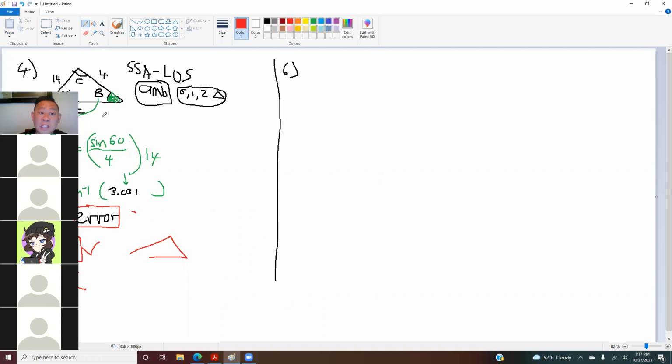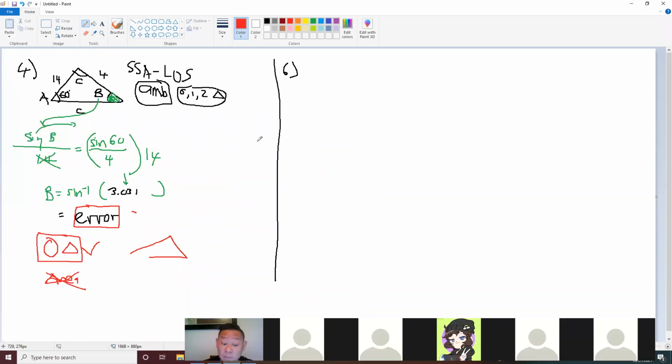Okay, let me repeat this again. This is very important because it's going to be on your test. If you get a domain error on an SSA case, you will get no triangles. If the supplement of an angle, let's say B in this case, added to another angle is more than 180 degrees, you will get 1 triangle.